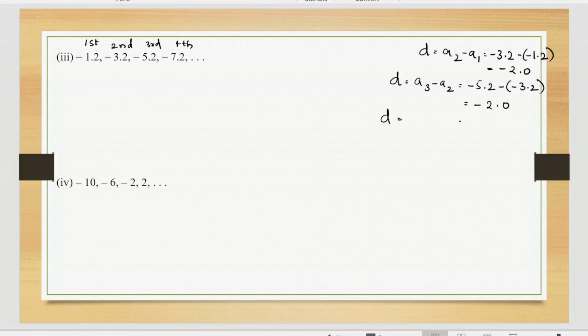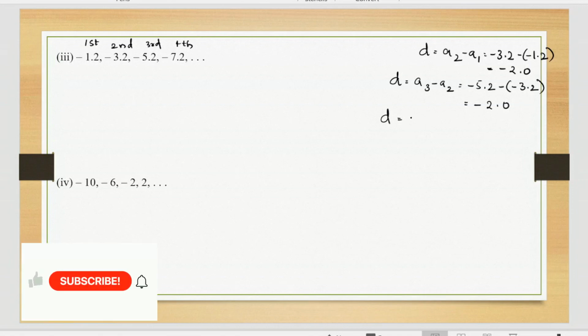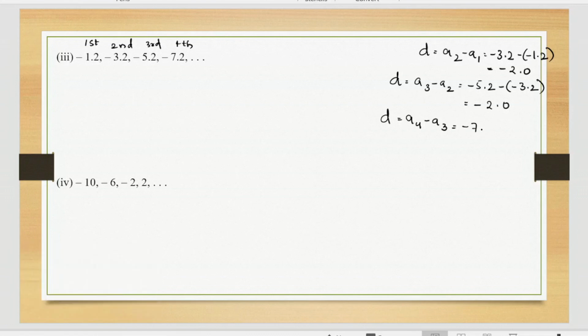In the same way, for the last two terms also, A4 minus A3. So you will get minus 7.2 minus of minus 5.2. Okay. Which is minus 2.0. So we can see that the common differences are same in all the terms, right? So common difference is equals to minus 2.0.